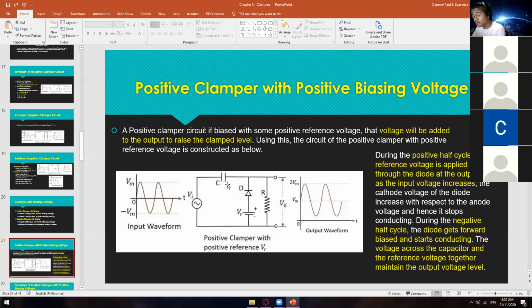The capacitor will be positively charged here, and negatively charged at this point. As you can see, they are contradicting, colliding: V sub I going here and V sub R going here. Once V sub I is greater than V sub R, our capacitor will be positively charged and negatively discharged the other way.